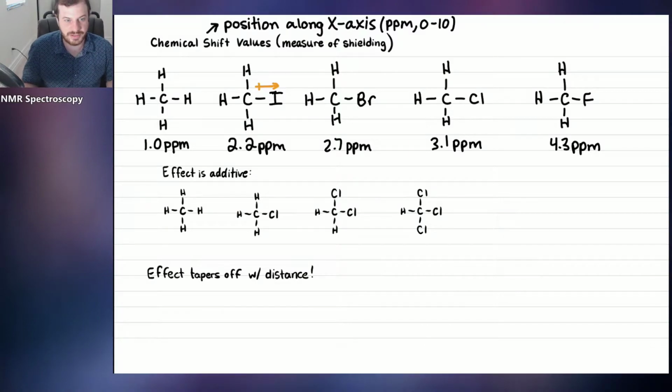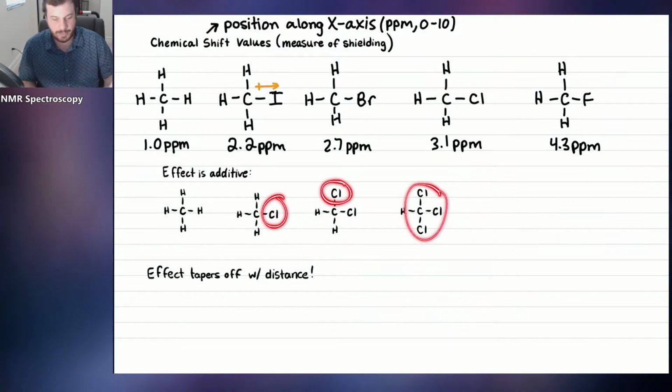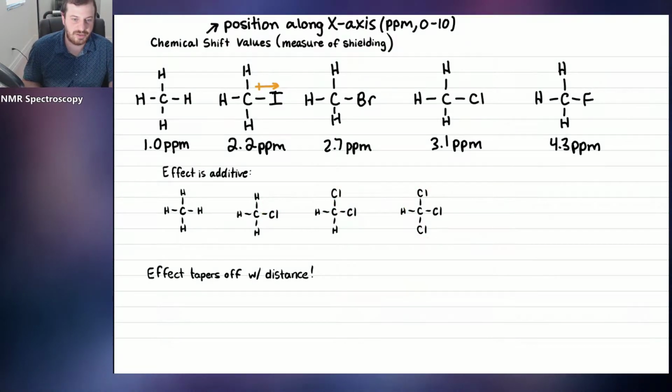So here you can clearly see, as we remove electron density away from the hydrogens, the chemical shift value for those protons increases as they become more deshielded. And the effect is additive. So if you look down here at this example, as we add more and more chlorines, we would expect there to be increasing deshielding. And sure enough, we see that. So for the first example, we have 1.0 ppm.